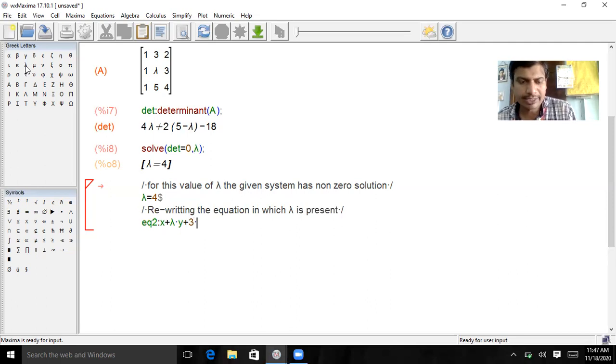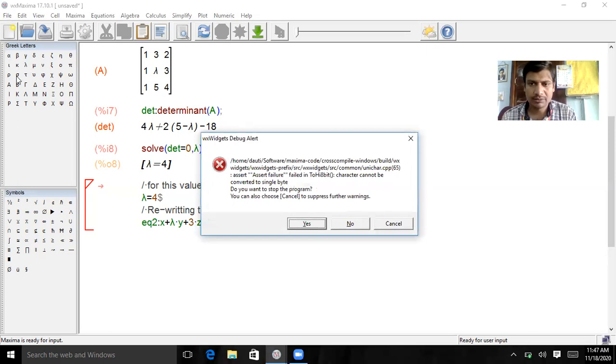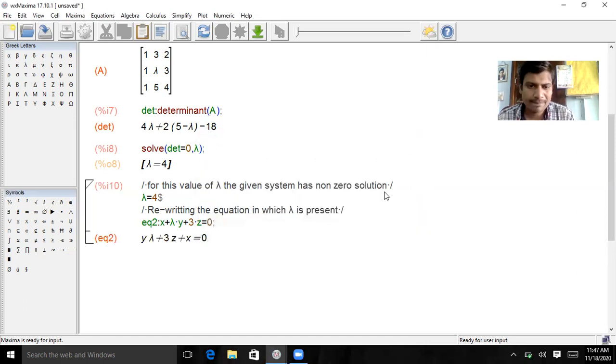That is 3z is equal to, that is 0. Then take semicolon. Then you type shift enter. Okay, see here, that is equation 2 colon x plus lambda y plus 3z equal to 0. Okay, then what is the value of lambda? That is 4.